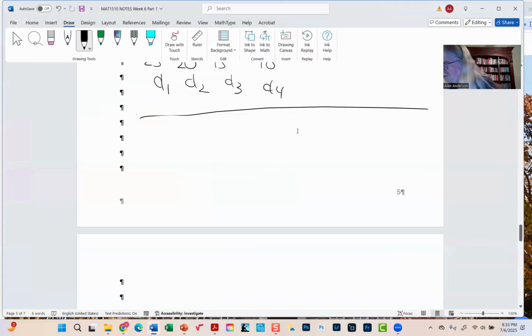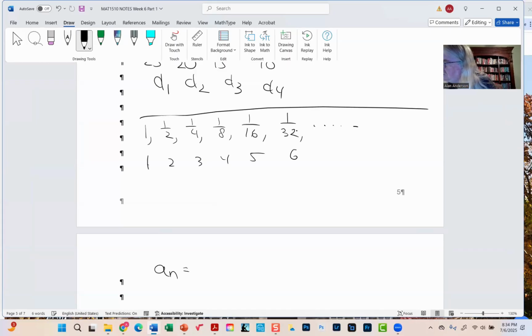Suppose you had something like this, a_n equals 1 over n.